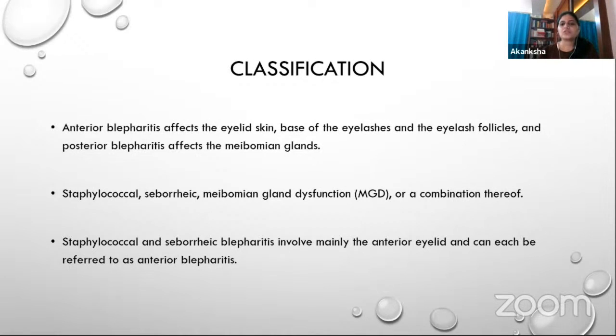But that may not always be true, because MGD is a type of posterior blepharitis. However, posterior blepharitis may have other causes as well. In anterior blepharitis, the most commonly described are the staphylococcal and the seborrheic blepharitis. And in the posterior, the most common one definitely is Meibomian gland dysfunction.